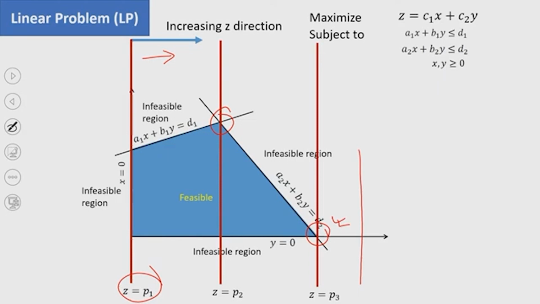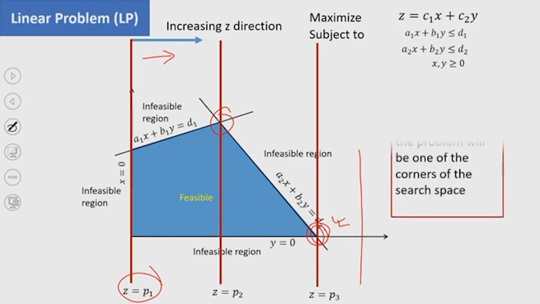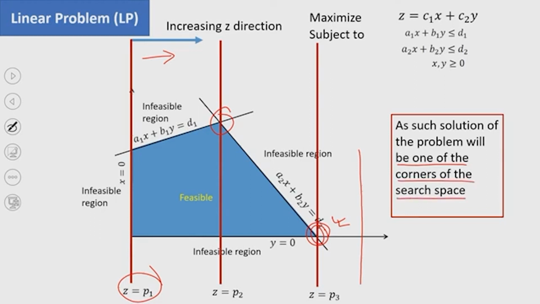So, this is one of the solutions of this particular problem, and probably the best solution. As such, the solution of the problem will be one of the corners of the search space. So, one of the solutions will be either here or here or here, depending upon the objective function.